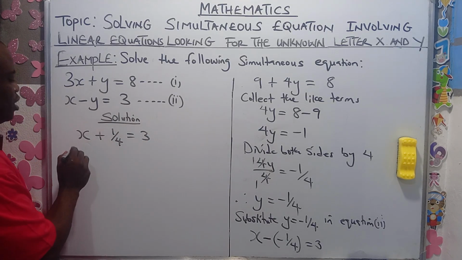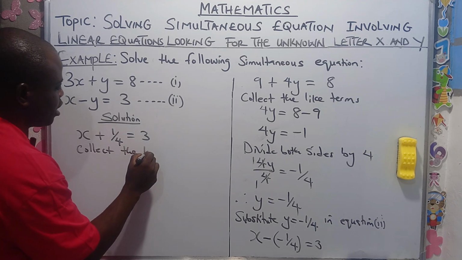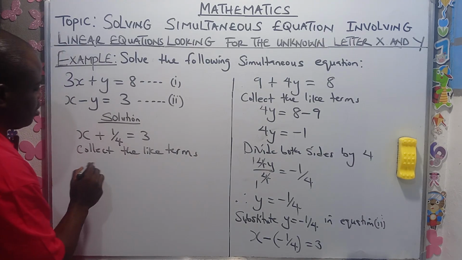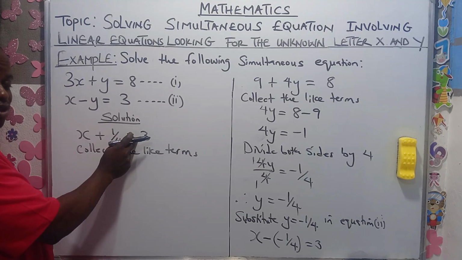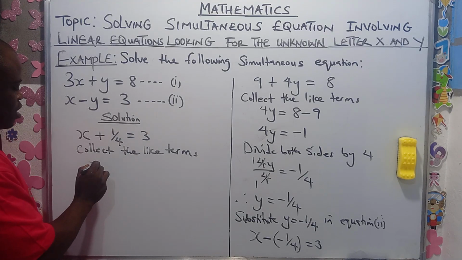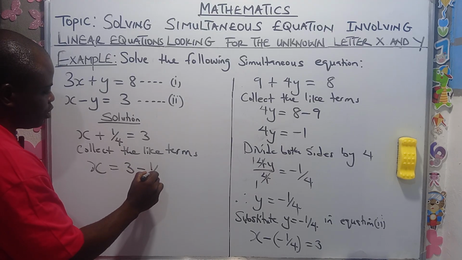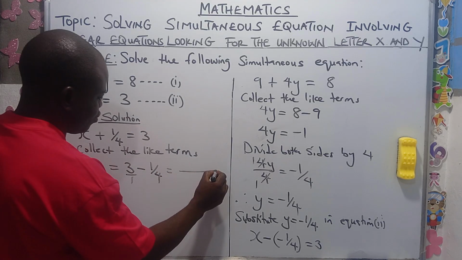From here, collect the like terms. The positive 1 over 4 turns to negative when it crosses the equal sign. X equals 3 minus 1 over 4. This 3 is over 1. Find the LCM of 1 and 4.